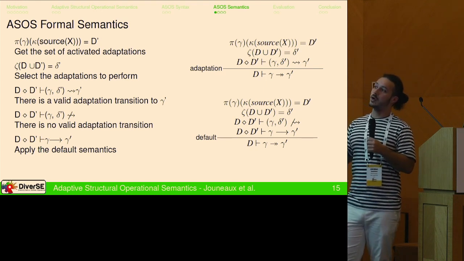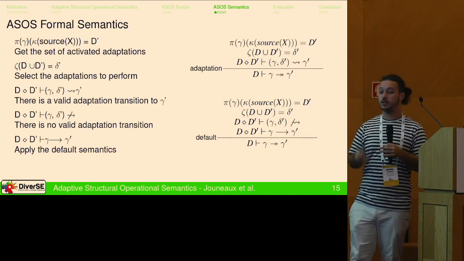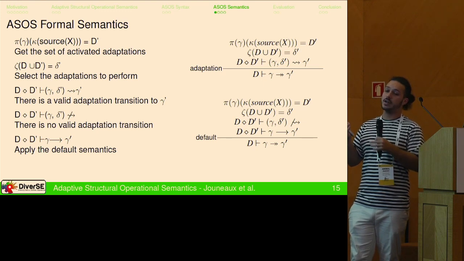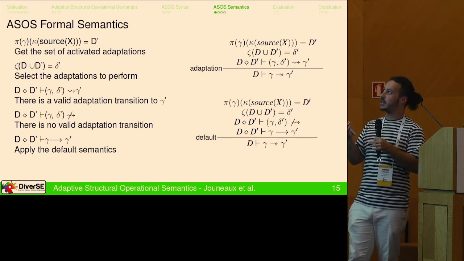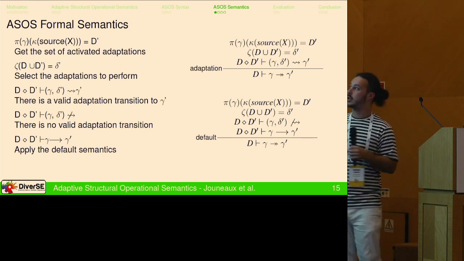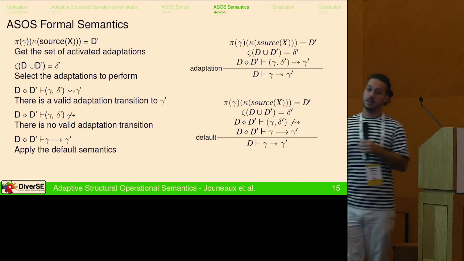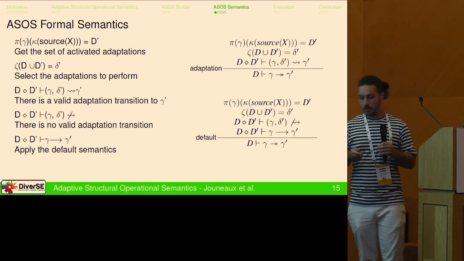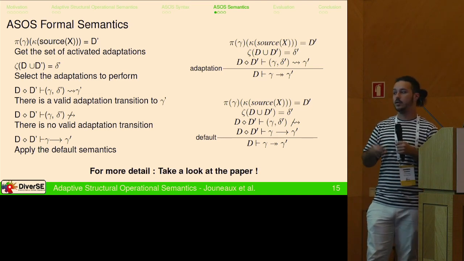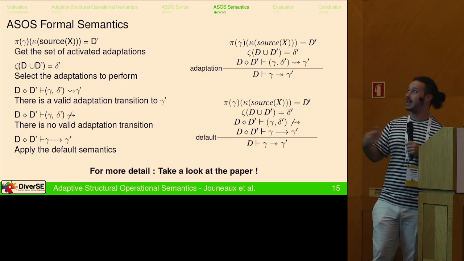Then you select the correct one given the matching that you have. If at some point you have one adaptation rule that can be executed, you call it, and if you cannot, then you fall back to the default semantics. But if you want more detail, you can take a look at the paper, where it's more clearly explained.